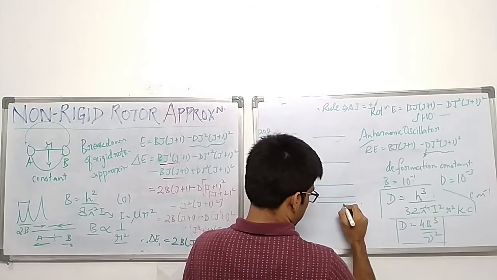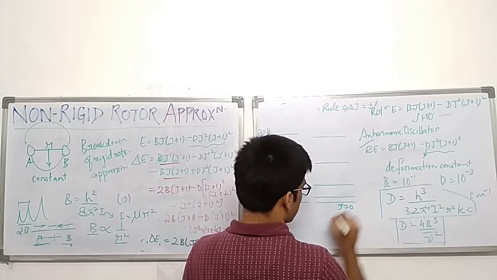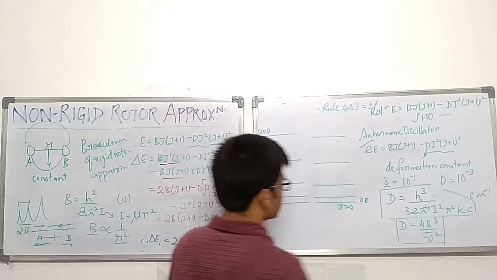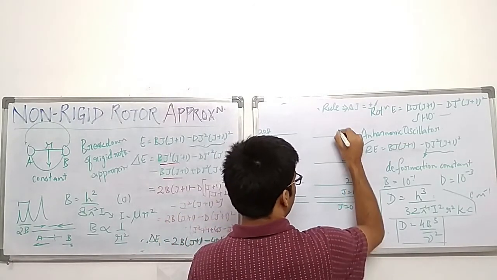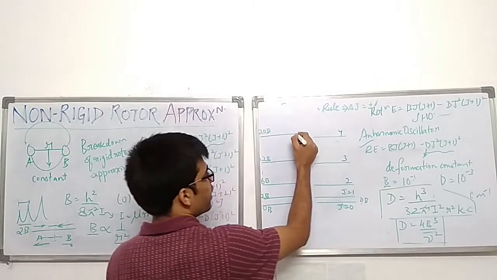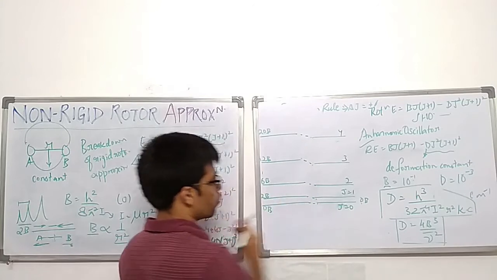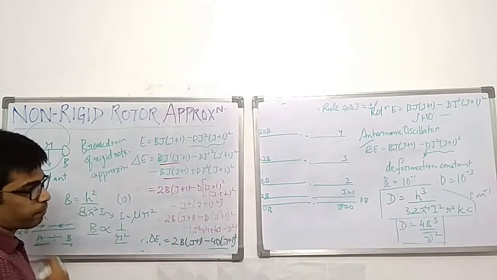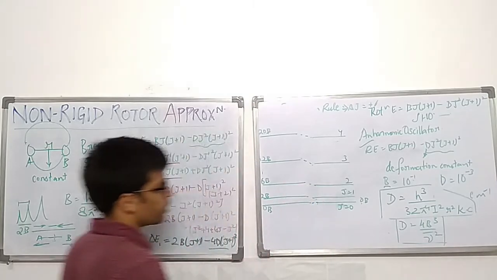So this is your J equals 0, and that will remain at 0B. This is J equals 1, 2, 3, 4. They are decreasing by an amount DJ squared (J plus 1) whole squared. This will be the same.